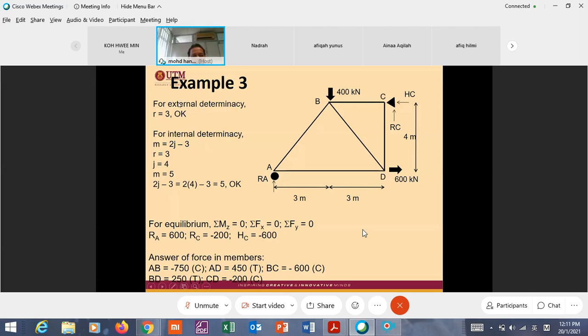In some cases, we can find the force in the member, even though the reaction externally is indeterminate. But not in all cases. Okay. So generally, we can say indeterminate if reaction is more than 3.